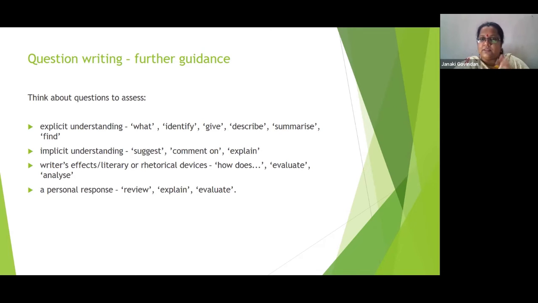And finally, a personal response. How do you think this could have been avoided? Evaluate the character sketch, review this, or how would you end the story of Two Stories of Flying, the black aeroplane? Had you been the author, how would you end it?